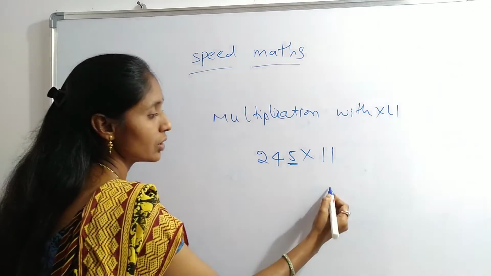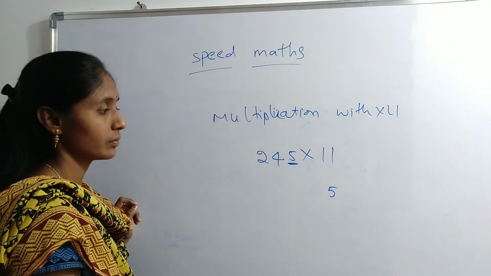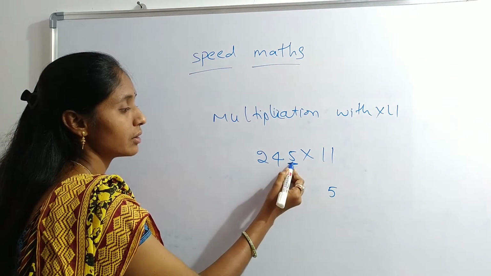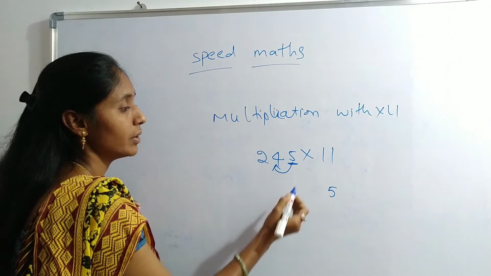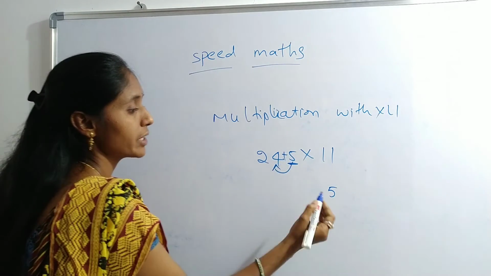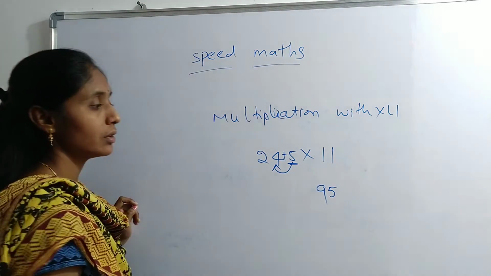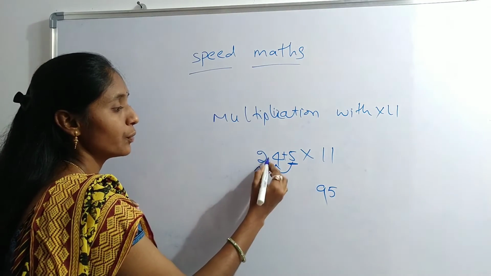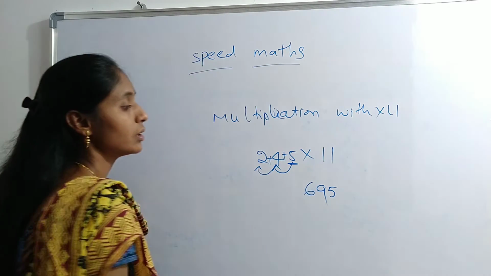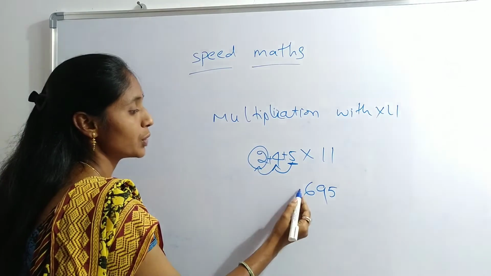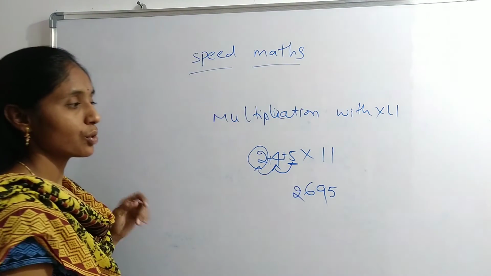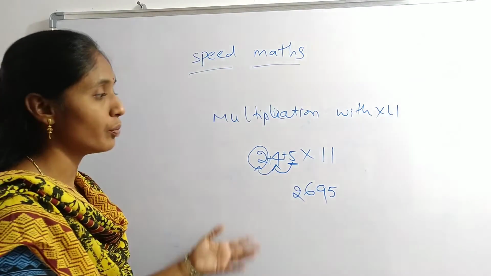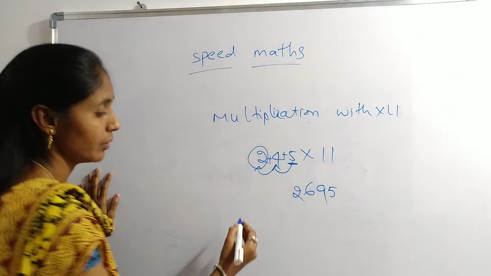Take the units place value. Next, backward addition. 5 plus 4, 9. Then 4 plus 2, 6. Take the first value 2. So 2, 6, 9, 5 is the multiplication value of 11.